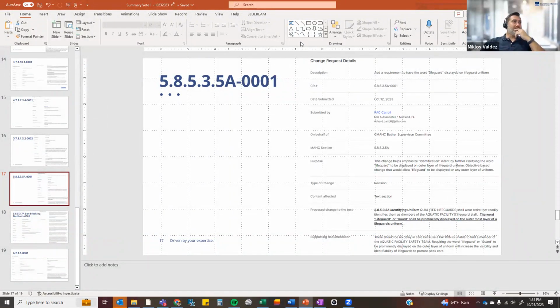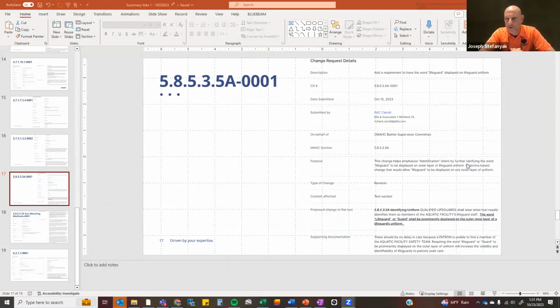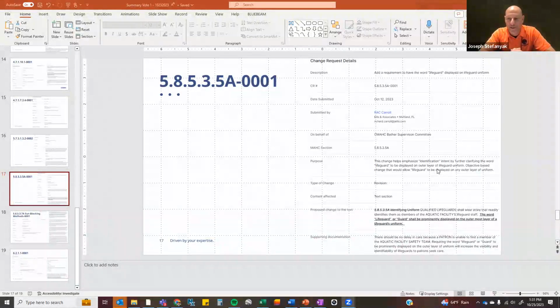And then Terry, you'll be next. Go ahead, Joe. I'm sorry, from the cost perspective, they're already buying a uniform, so there's not much additional cost in just adding the language to it. Most folks will do that, although to Miklos's point, there are a number of folks that can be positioned throughout that facility.